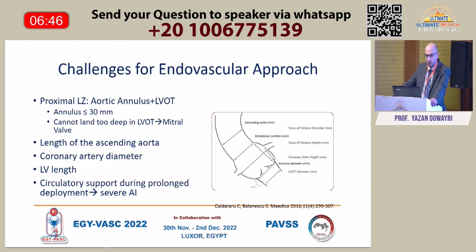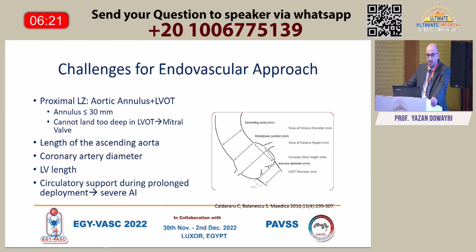If you look at the aortic root and the ascending aorta and the annulus, you can imagine that there are many obstacles to endovascular treatment of this problem. The proximal landing zone, if you are going to put a stent graft in it to use it for deployment of an aortic valve, has to measure less than 30 millimeters in diameter to be suitable for the existing endovascular aortic valves.